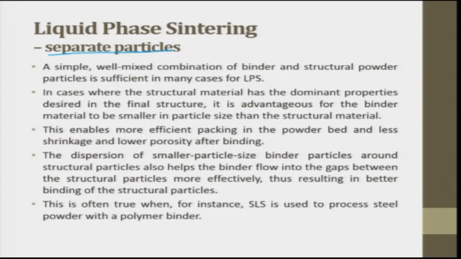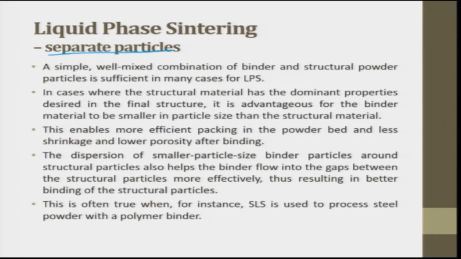Separate particles. A simple well mixed combination of binder and structural powder particles is sufficient in many cases of LPS. In cases where the structural material has the dominant property desired in the final structure, it is advantageous for the binder material to be smaller in particle size than the structural material.